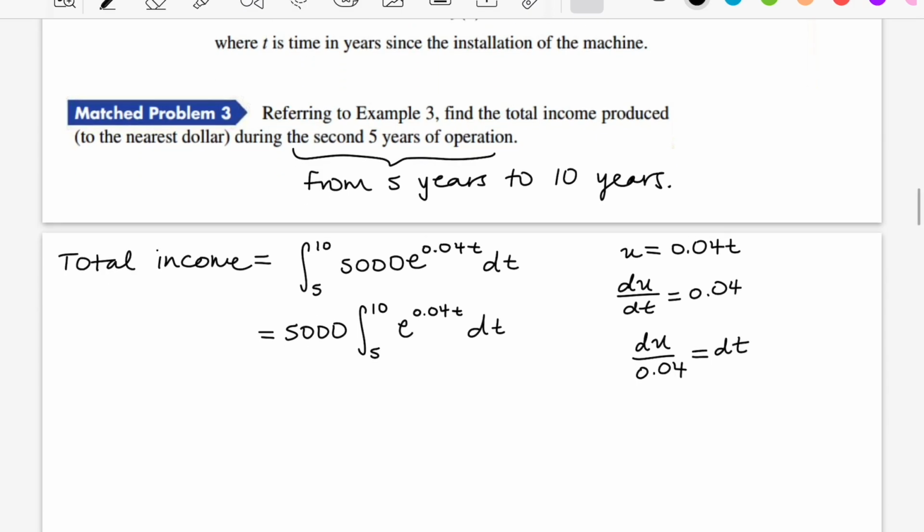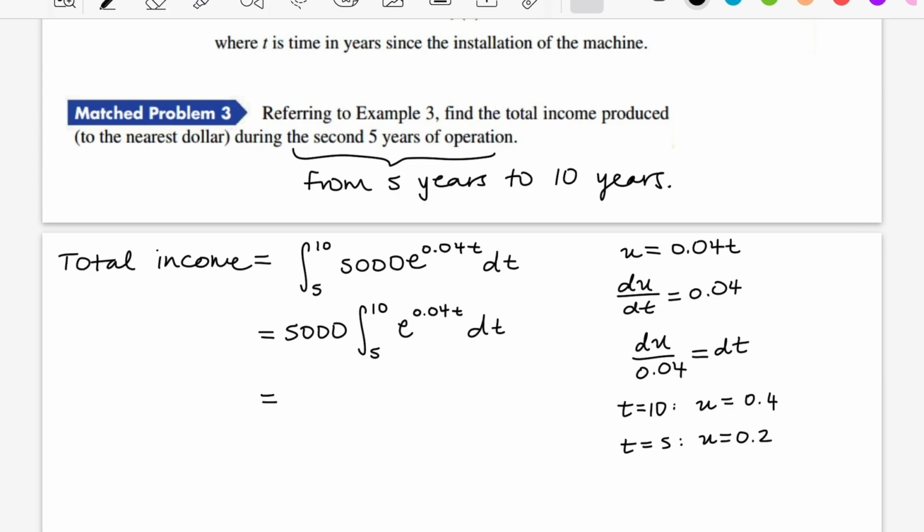Now in this case, I will change the bounds here. So if t is equal to 10 years, plugging 10 into this t here, we'll get 0.04 times 10. So u will be equal to 0.4. Similarly, if t is equal to 5, plugging 5 into our equation for u, we'll get u equal to 0.2.